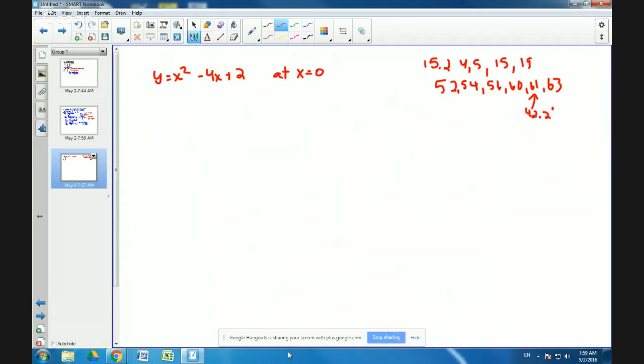So, I'm showing some people examples. We're gonna find the slope of the tangent line to that equation. Again, there's a definition.